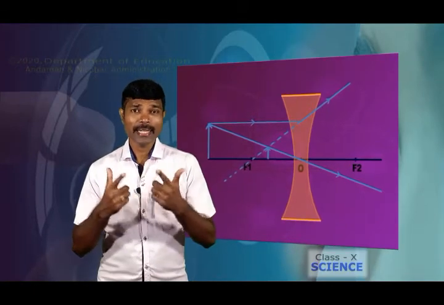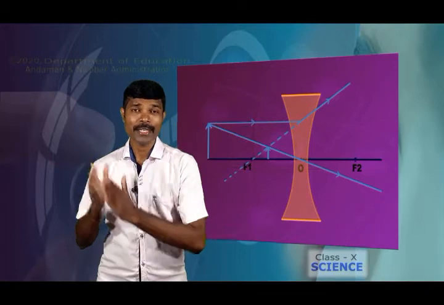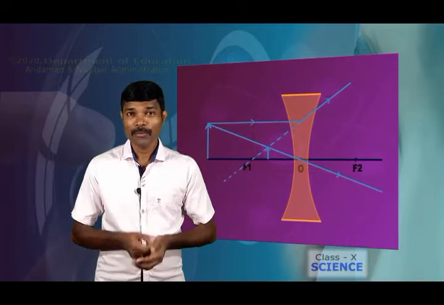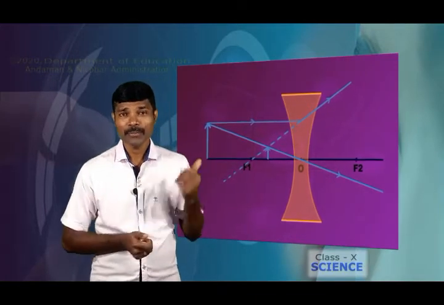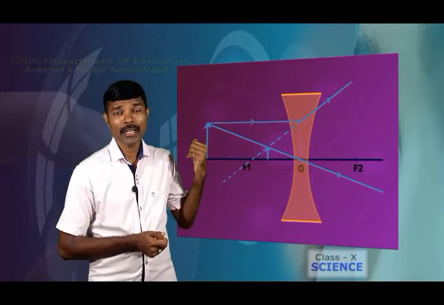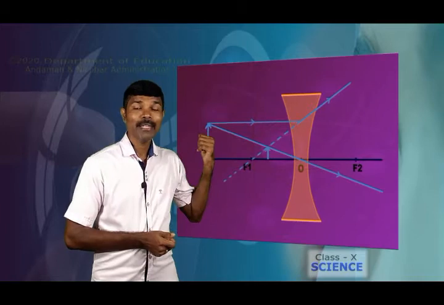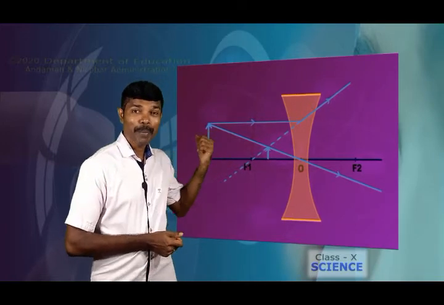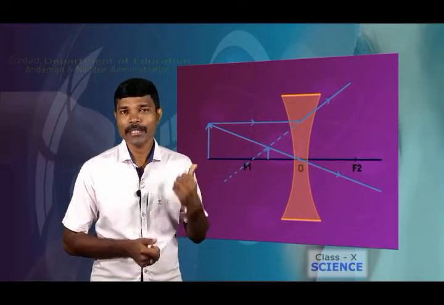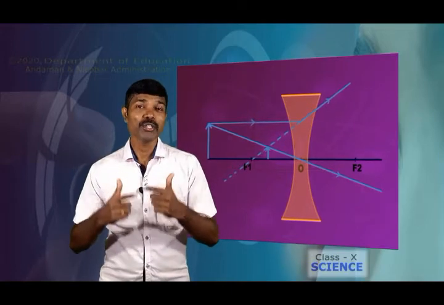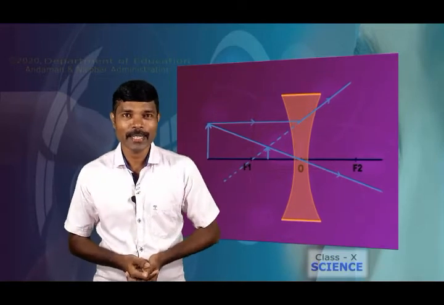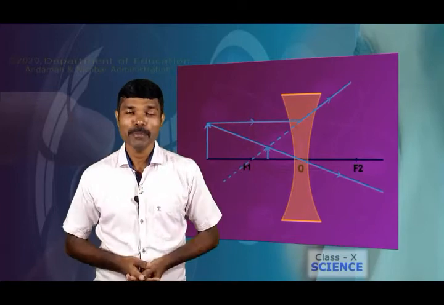So here we will not see the intersection on the right hand side of the lens. When we extend the refracted rays backward, we see the intersection point behind the lens, on the left hand side of the lens. The point at which the 2 refracted rays intersect is where the image will be formed.